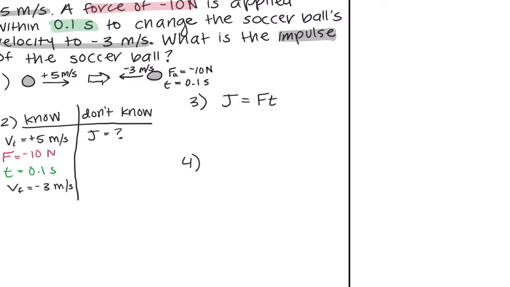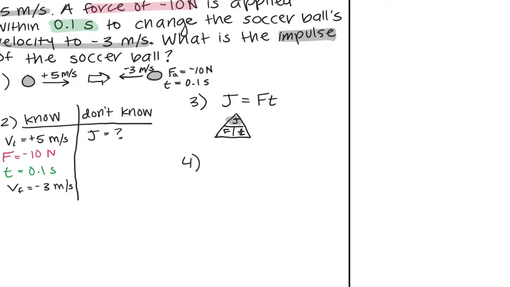And again, if you want to use your triangle trick, F and t are being multiplied together to equal J. Whatever you are solving for, cover that up with your finger and you should get the equation set up the way you want it.